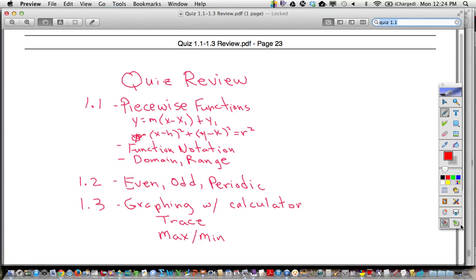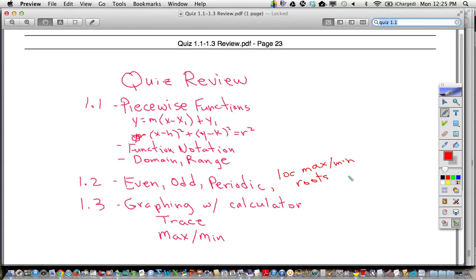Now somebody, as we were going through it first or second block, we realized there were some other things I kind of left off this list here. We also had a bunch of terminology like local max, min, and roots of a function, and inflection points.